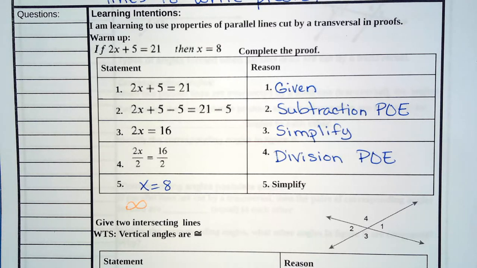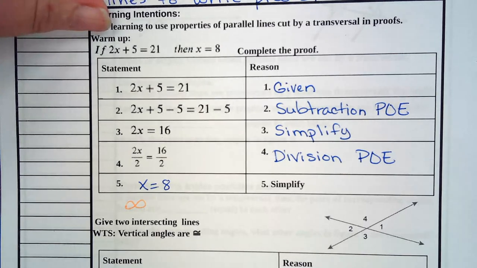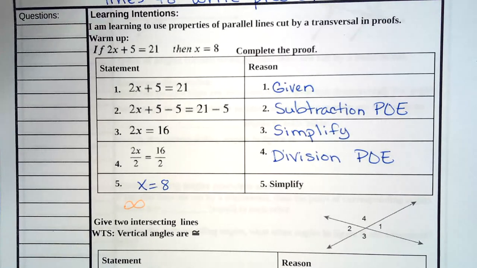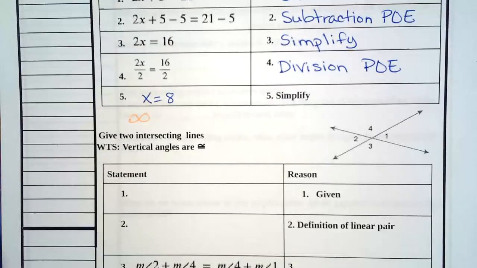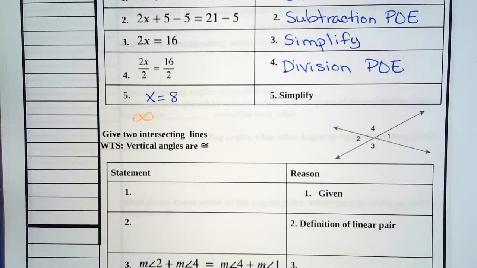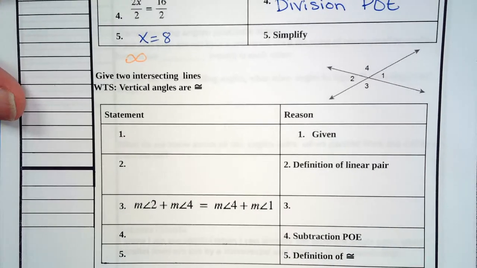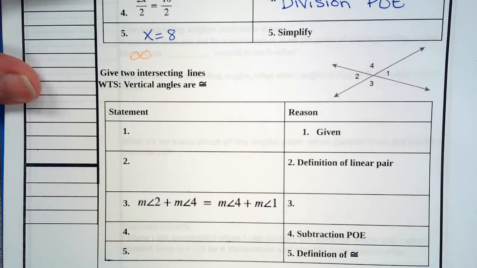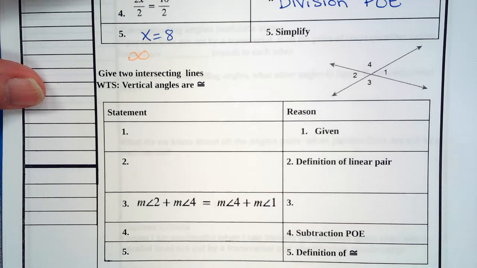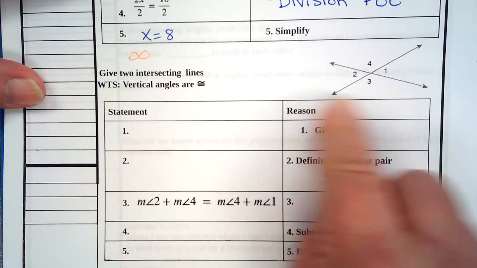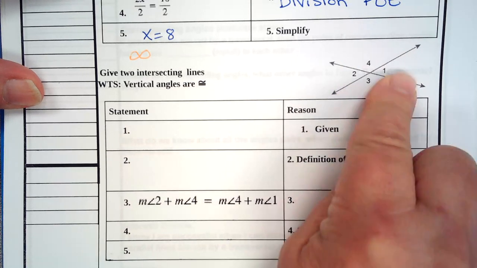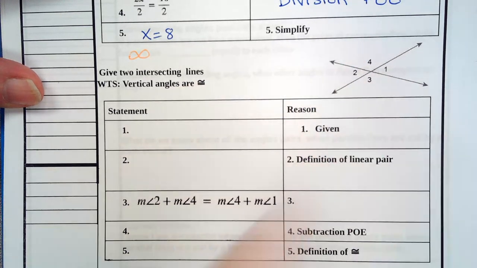Okay, so now looking at the next one. You're given two intersecting lines. We want to show that vertical angles are congruent. So, what do we start with? Well, we're given two intersecting lines. When we look over here, we've got all these different angles.